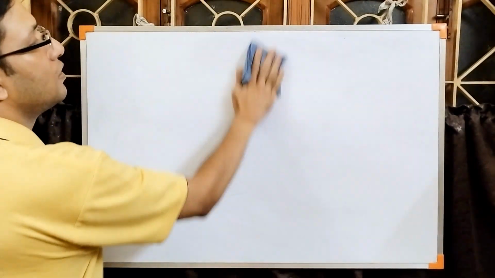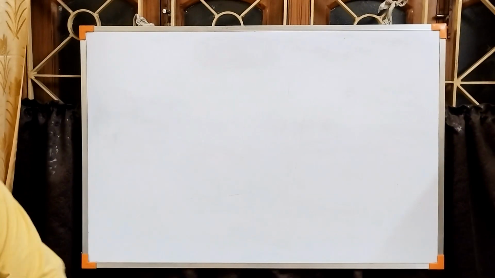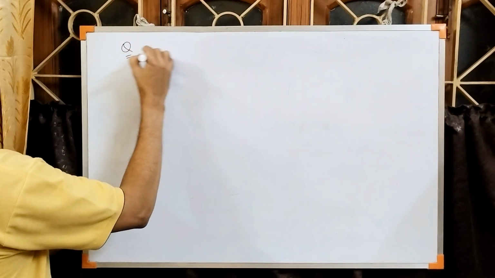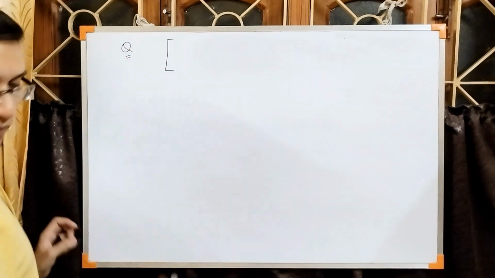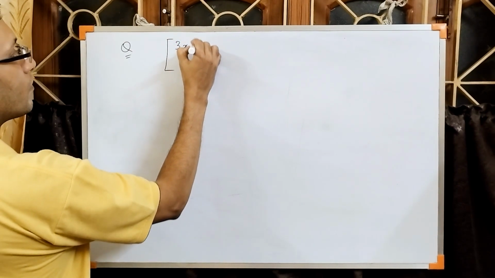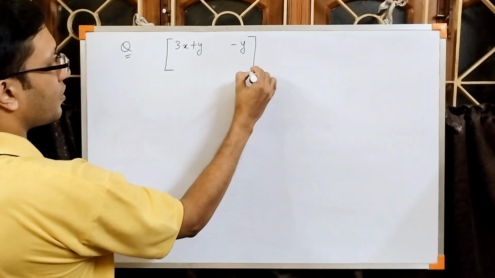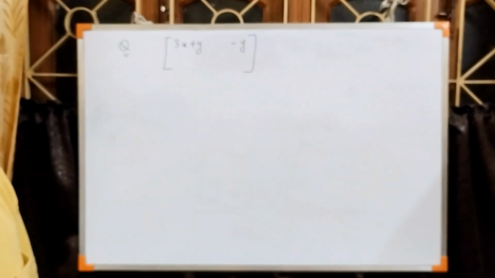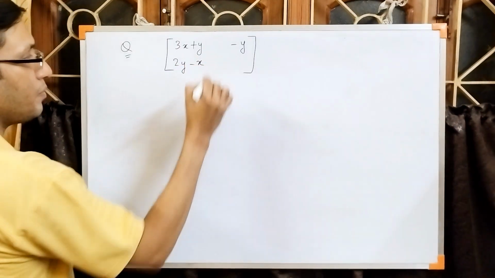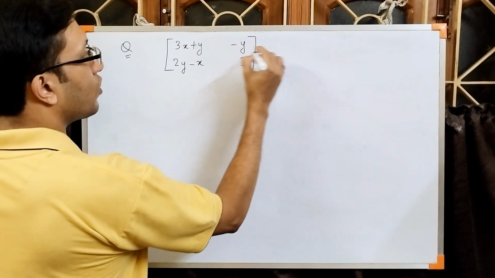So now let's see. I take matrix A, or rather this is the question, I take it like this: 3x plus y is the first element, minus y is the second element, 2y minus x is the third element, and 3 is the fourth element.